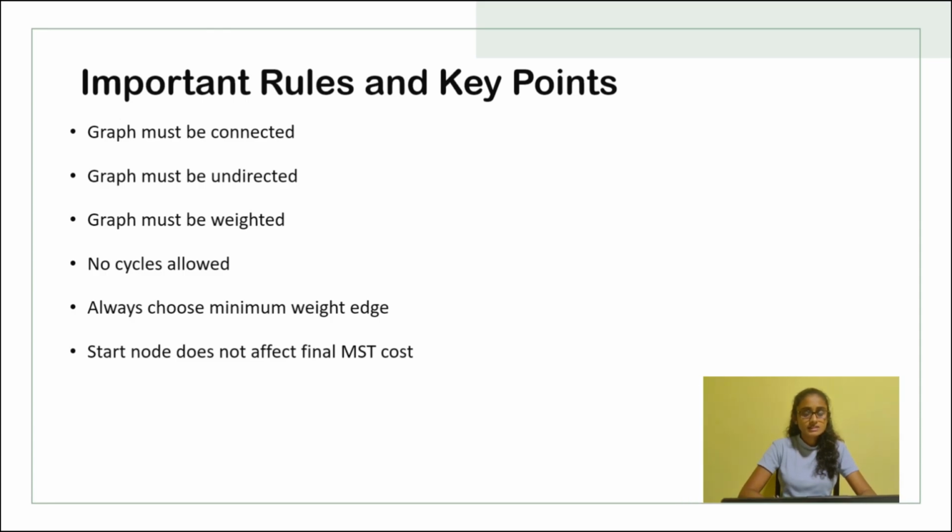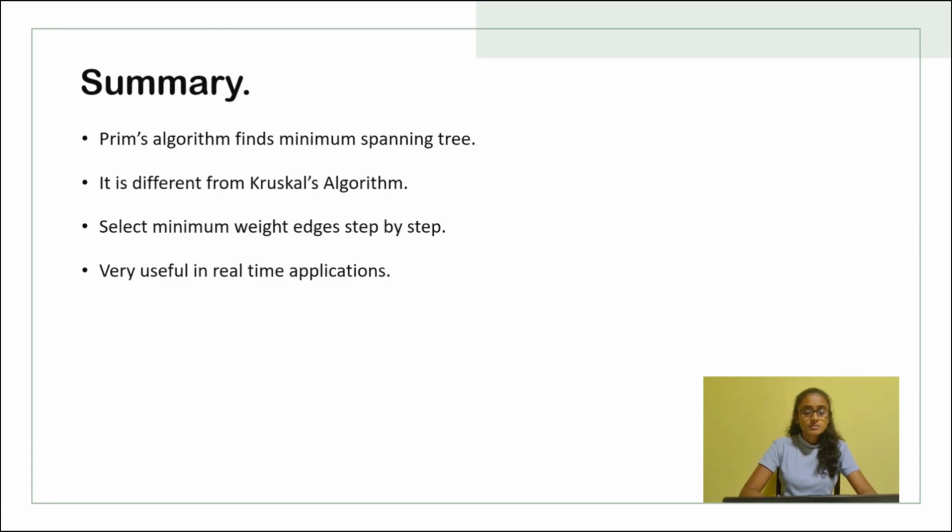Let's quickly summarize what we learned today. Prim's algorithm helps us find a minimum spanning tree, connecting all points with the smallest total cost. It's different from Kruskal's because it starts from one vertex and grows step by step.